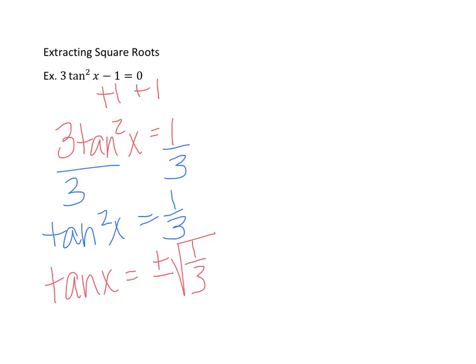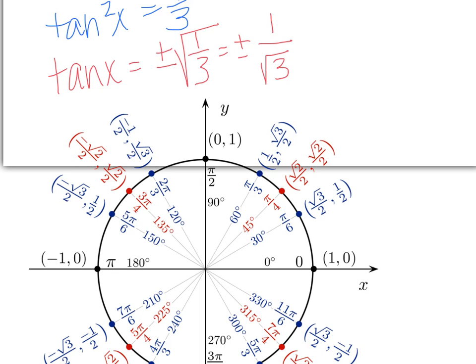Now think about simplifying square roots. This is going to be plus or minus 1 over radical 3, because radical 1 is 1. If I want to rationalize it, I can, but I think it's easier to see if you leave it like this. Okay, if we check out the unit circle, tangent, remember, is our y-coordinate divided by our x-coordinate.